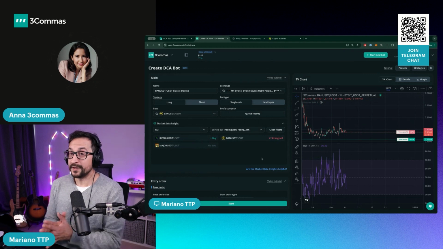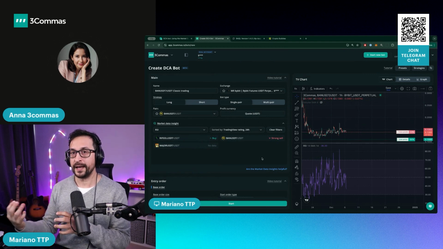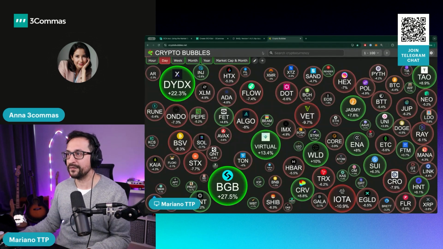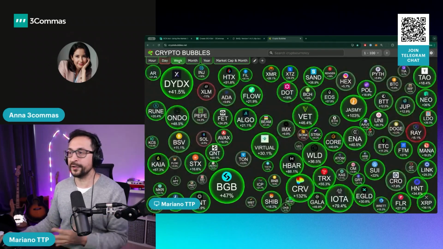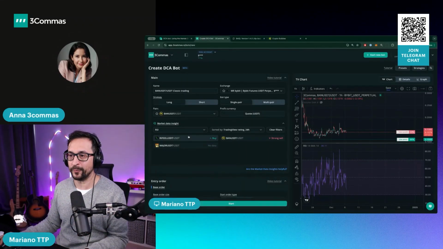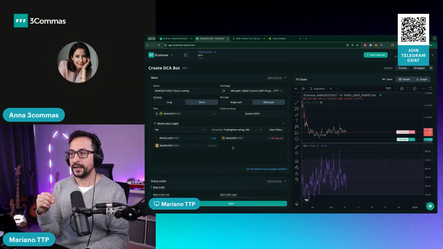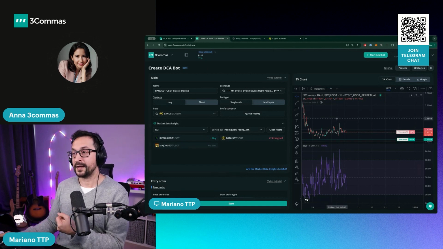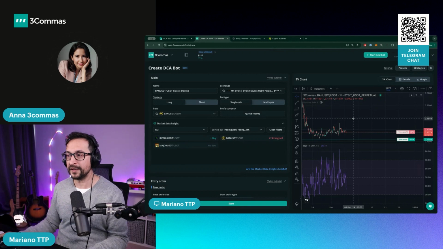So it all depends on the context. Let's say that we start another leg of total three, where all the altcoins start pushing very strong. Let's say we are in a strong uptrend on all the altcoins at the same time. Then I will narrow down the ones that are currently slightly oversold during that uptrend, and I will look at the charts and say, okay, do I think that those are going to have some continuation to the upside?